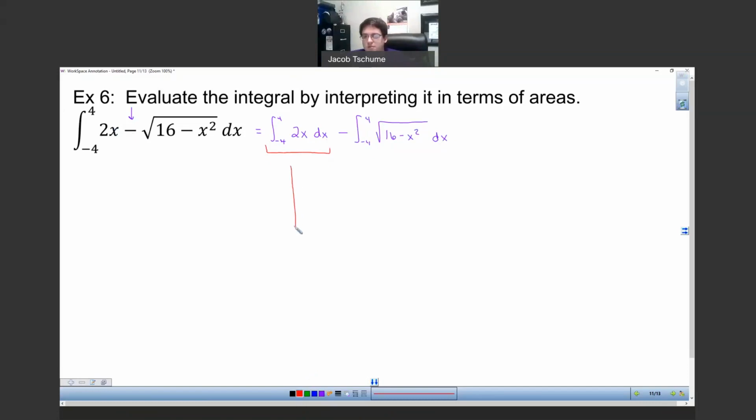So when it comes to the first graph, 2x from negative 4 to 4, so 1, 2, 3, 4, 1, 2, 3, 4. If you plug negative 4 into 2x, you're going to end up down here at negative 8. And then if you plug 4 in, you're going to end up here at positive 8.